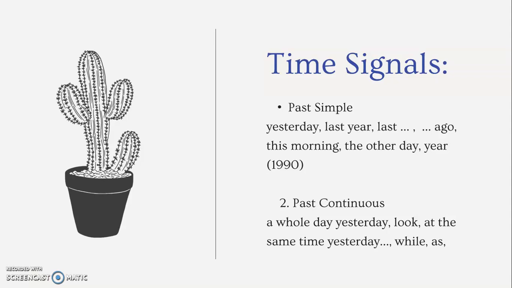And for past continuous, we have all day yesterday, look with an exclamation mark, at the same time yesterday, and while.